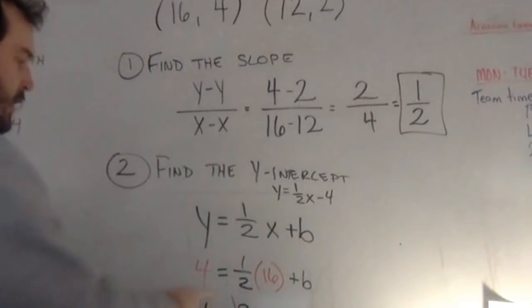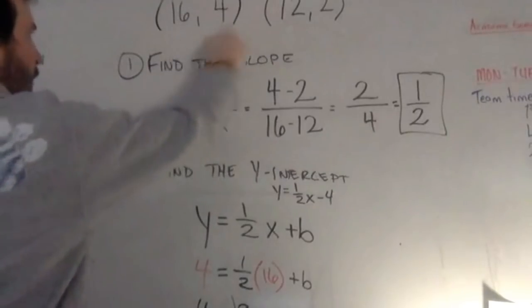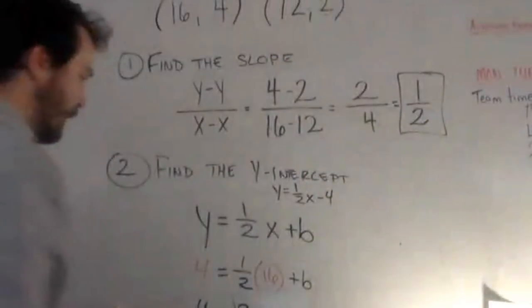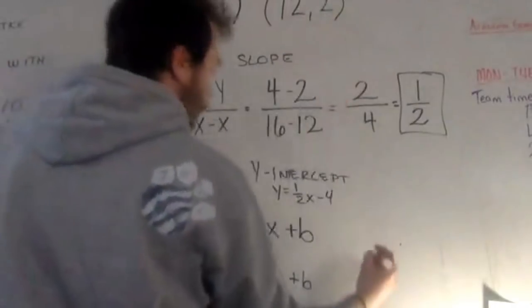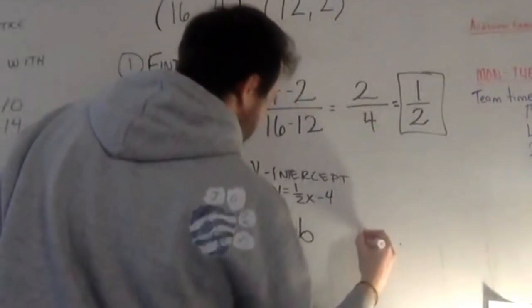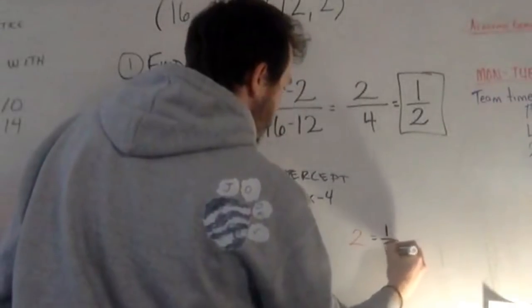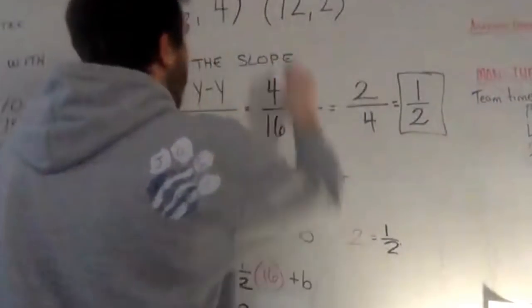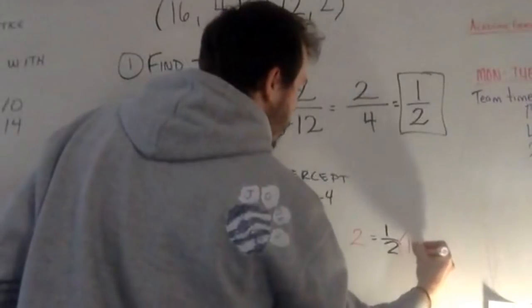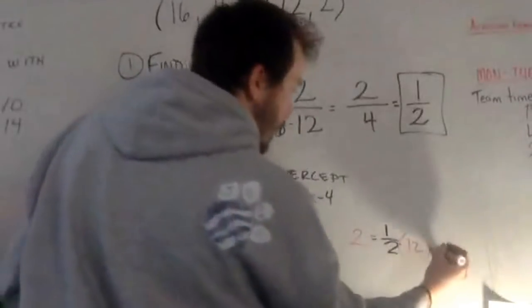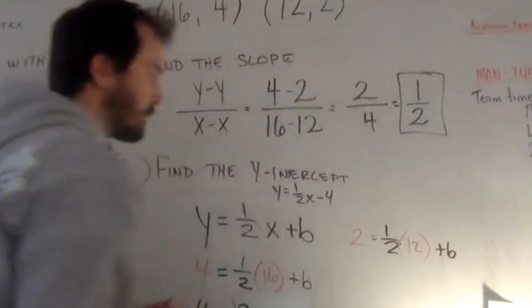Then let's check it out. I used this coordinate, so let's see if the other one will give us the same answer. Instead, I'm going to use 2 as my y. So 2 equals 1/2 times 12 plus b.